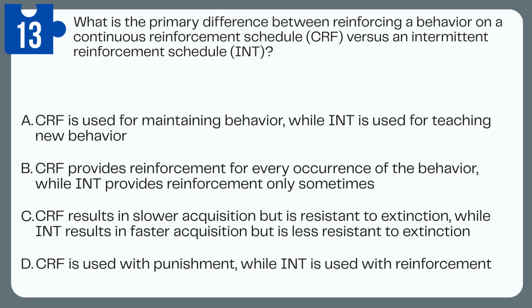C. CRF results in slower acquisition but is resistant to extinction, while INT results in faster acquisition but is less resistant to extinction. D. CRF is used with punishment, while INT is used with reinforcement. Answer B.